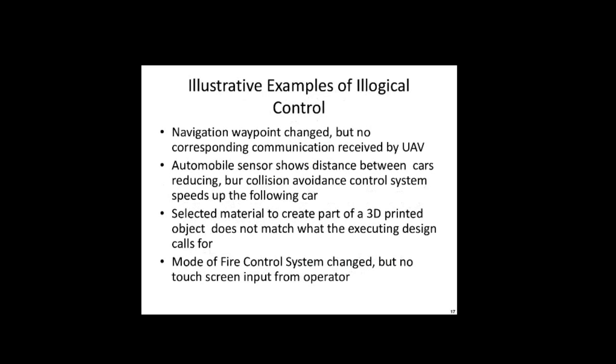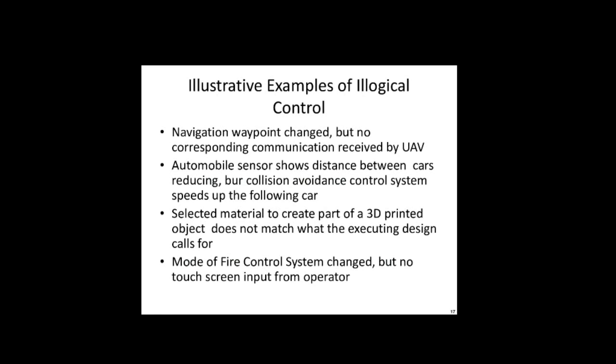I'll give you some examples beyond the one I gave you of logical control. One of our prototypes was a UAV. Let's say someone changes a navigation waypoint, and we're operating in a doctrine where only the operator can do that, and he has to communicate to do that. But we see no communication on the aircraft, yet the waypoint changed. We're monitoring the waypoint. Or we do see a communication, but we're also monitoring the keyboard of the operator, and we didn't see him make an entry.